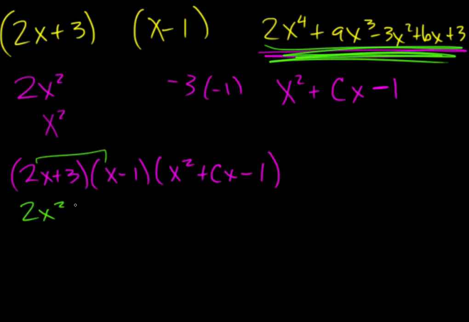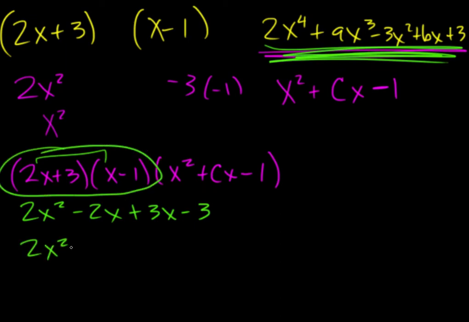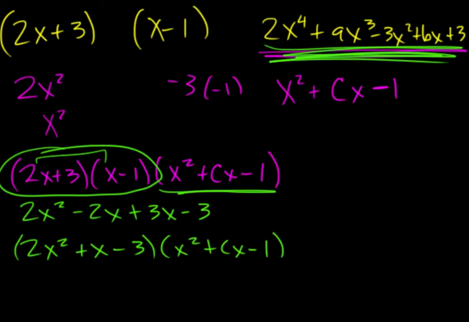So 2x squared minus 2x plus 3x minus 3. So that's just 2x squared plus x minus 3. Then I'm going to rewrite this: x squared plus cx minus 1. Okay, we multiply it out. 2x to the 4th plus 2cx cubed minus 2x squared.